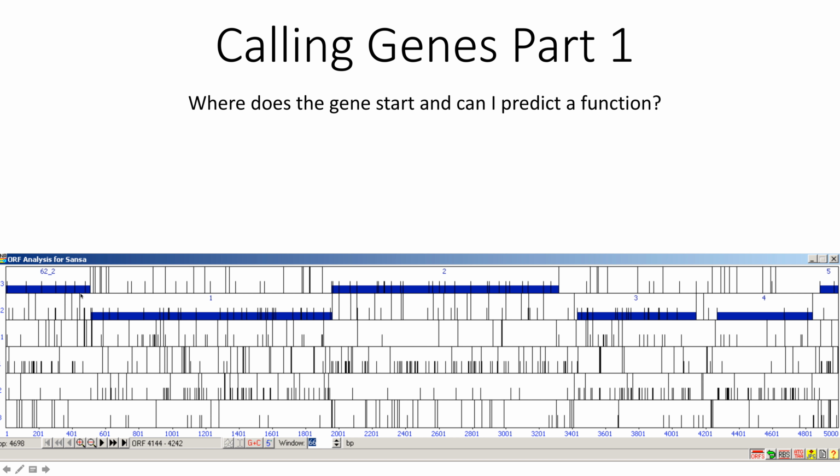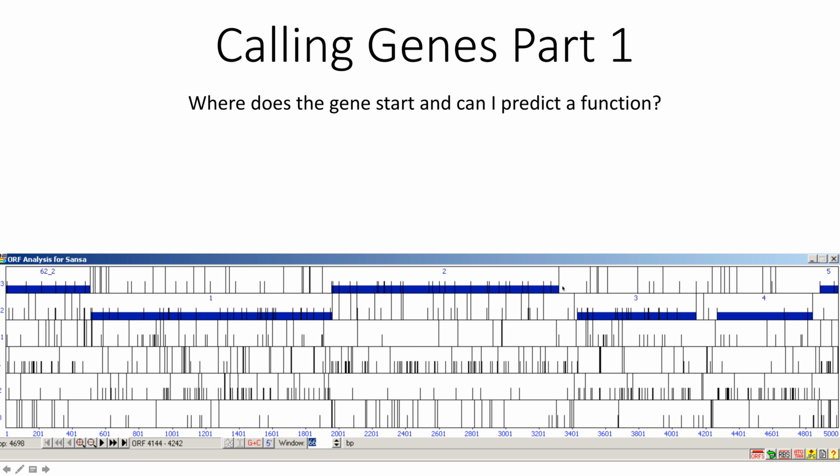The long lines that extend top to bottom in a frame indicate stops, and these lines that are midway across the frame indicate potential start codons. So the blue block or bar here is indicating the coordinates for a gene predicted by either both Glimmer and GeneMark or one or the other. And this is the first gene predicted in the genome Sansa.